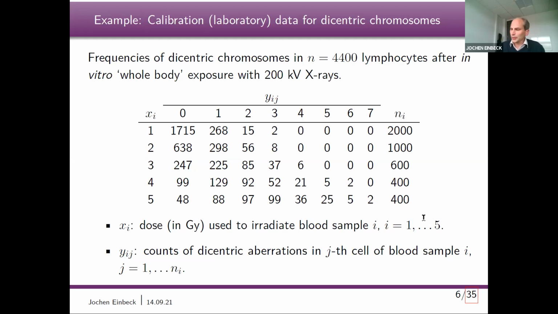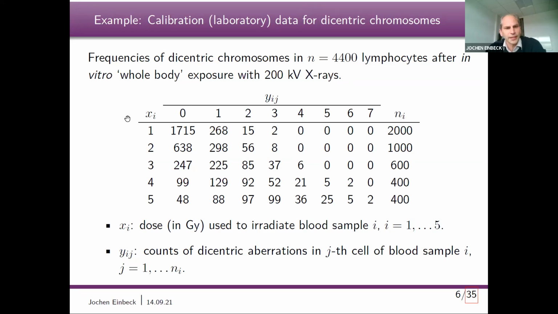So in order to understand how radiation dose actually relates to such a biomarker, one needs to do laboratory, so in vitro experiments. So these are data from Public Health England, which were produced in order to create a calibration curve for dicentric chromosomes.